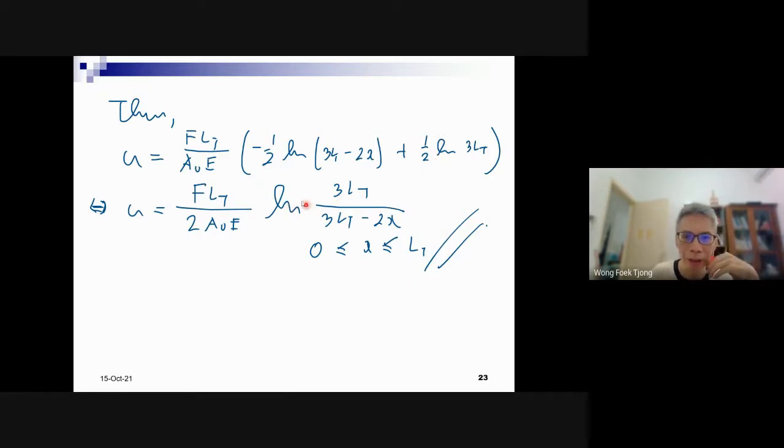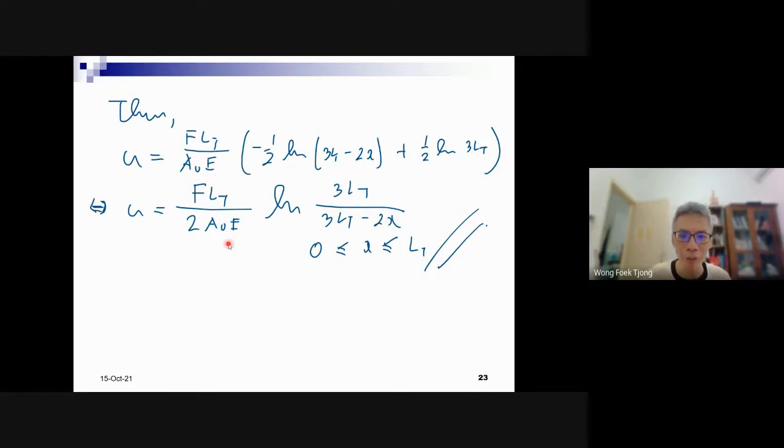Because this is 2, we can put 2 here, and then this is ln 3LT minus ln (3LT minus 2x), or we can write it like this. This is applicable in the interior and also at the boundary because we include the boundary now. So it's applicable for all points of the bar. Okay, this is the solution for the displacement.